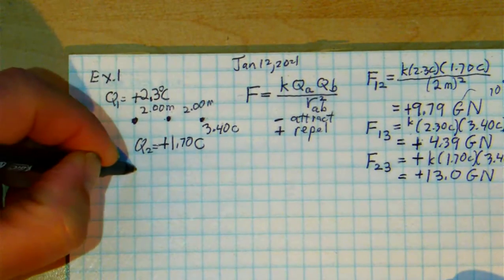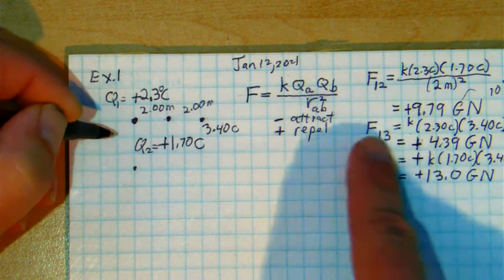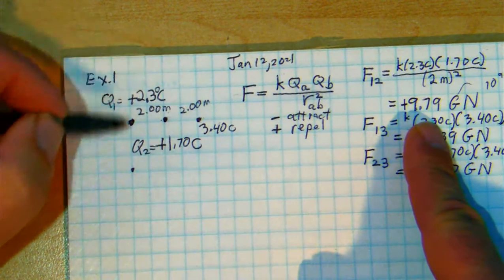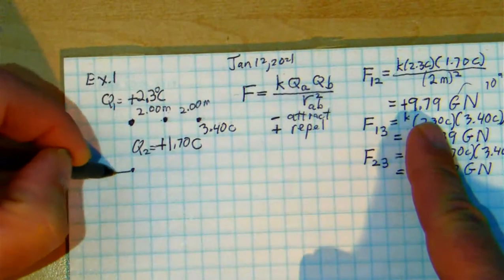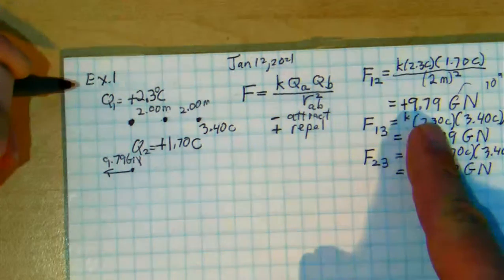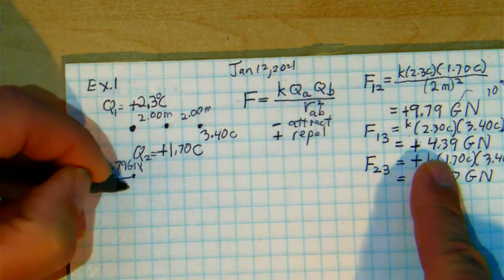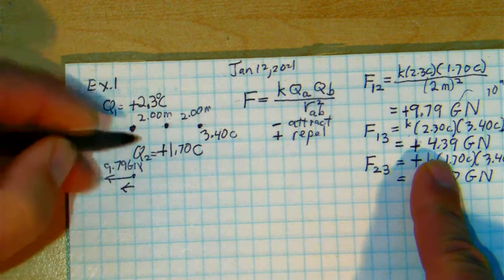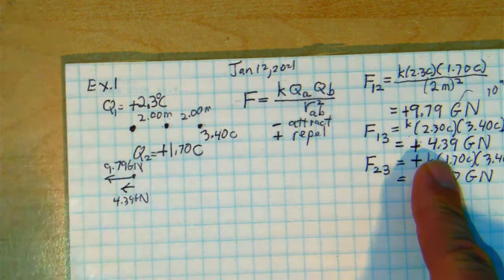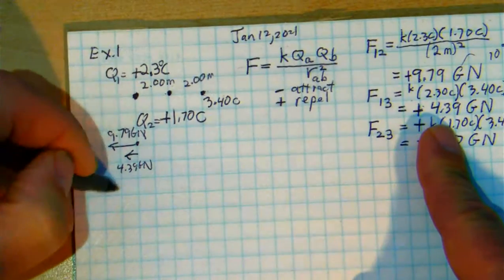So for Q1, I've got 9.79 giganewtons pushing Q1 to the left from Q2. In addition to that, I have 4.39 giganewtons pushing Q1 to the left as well.